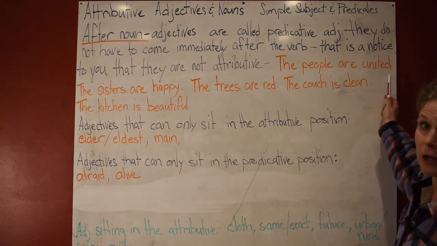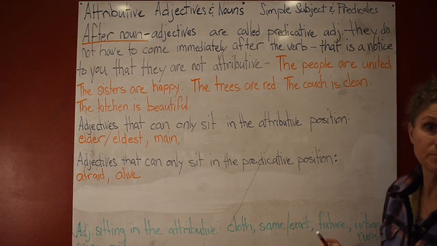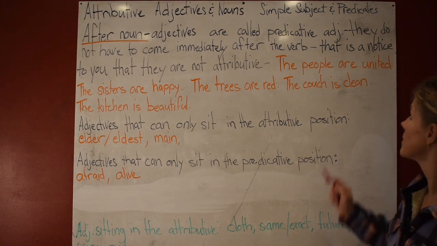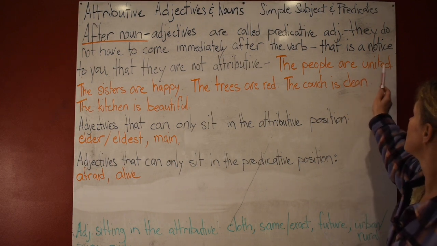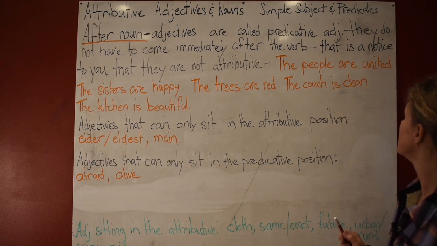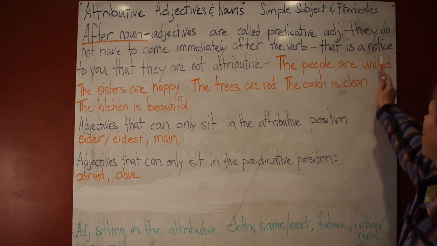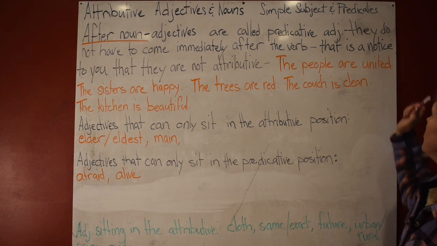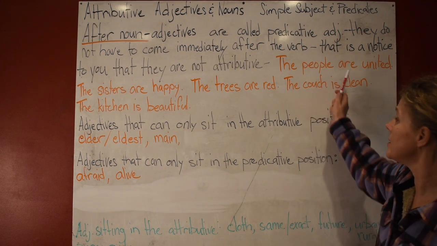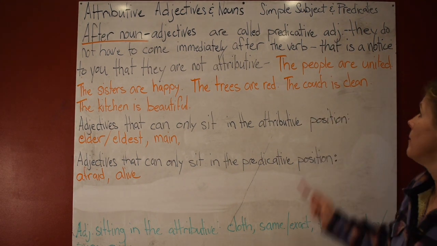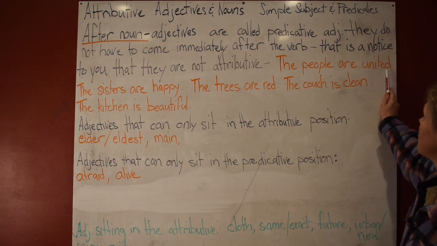The people are united. What's your verb? Are. Right? Here, the people are united. Here's your adjective describing people. What kind of people? The united people. But see, it's sitting in the predicative position.